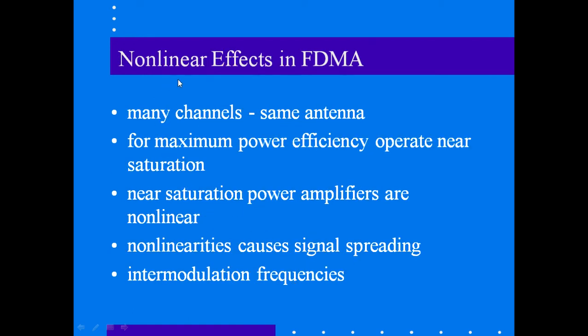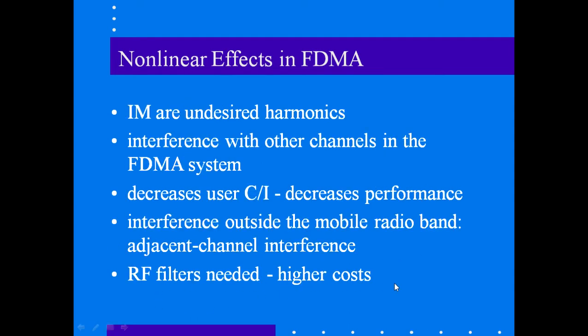And what is the meaning of non-linear effects in FDMA? Since many channels use the same antenna, for maximizing power efficiency the near-saturation power amplifiers are non-linear. This non-linearity causes signal spreading into adjacent frequencies also. That is called intermodulation frequencies.